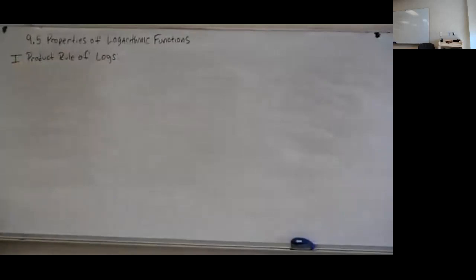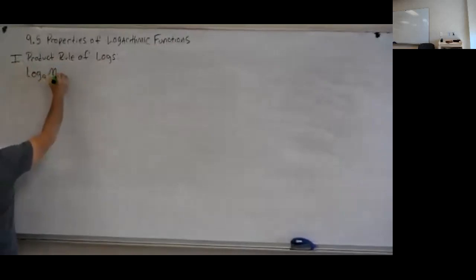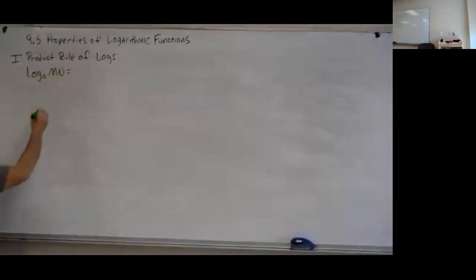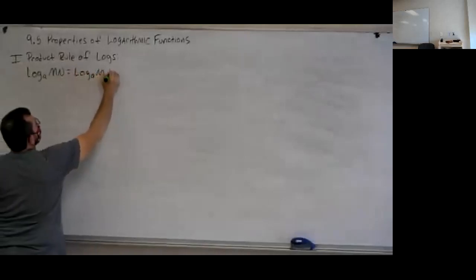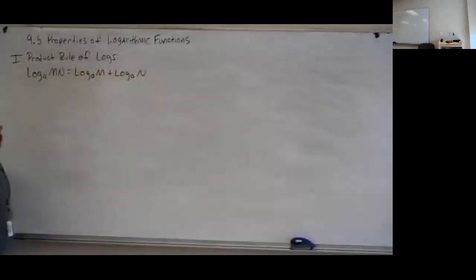Because remember, logarithms are really exponents in the long run, okay? So product rule says if I got a log of a product, I can rewrite that as a sum of the logs. So that could be log base A of M plus the log base A of N.